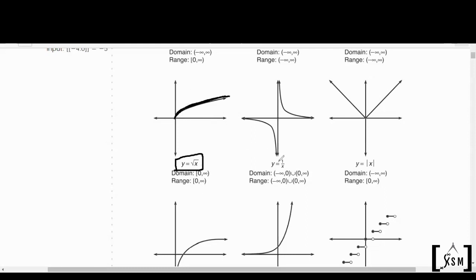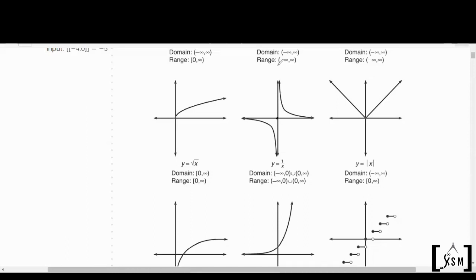Okay. This graph is a rational function, y equal to 1 over x. This rational function looks like this, you can see on the screen. As you can see, the x values are defined from negative infinity to positive infinity, the only point where it is not defined is at 0.